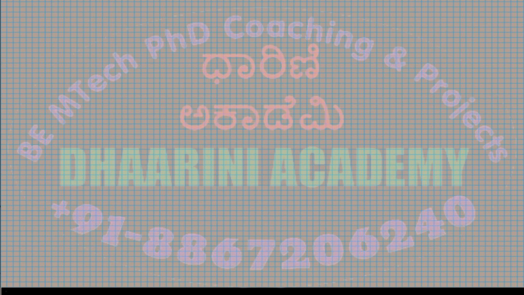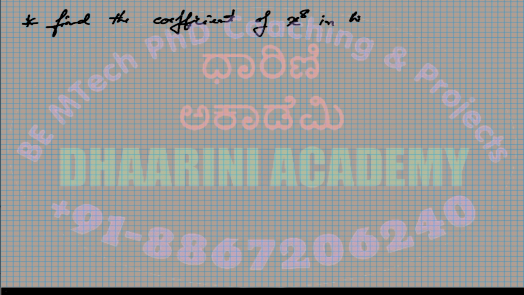The next type of question that commonly comes is like this. Find the coefficient of x to the power 8 in the expansion of (x squared minus 1 by x) to the power 10.